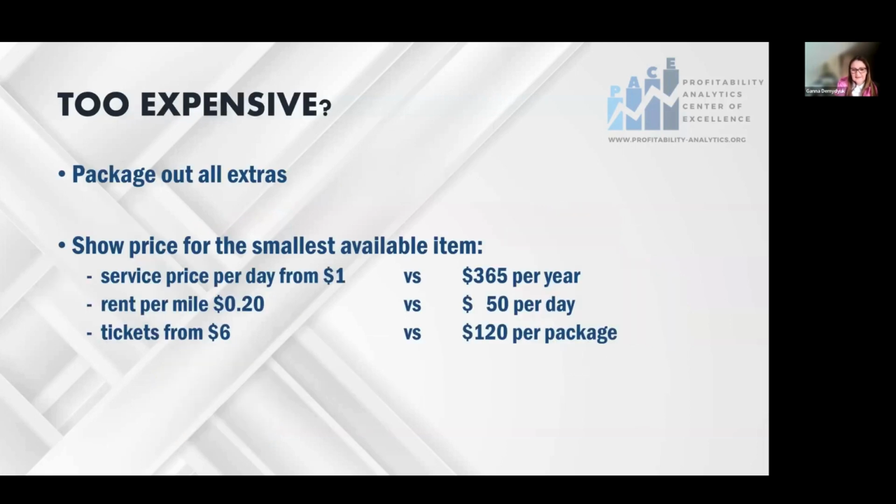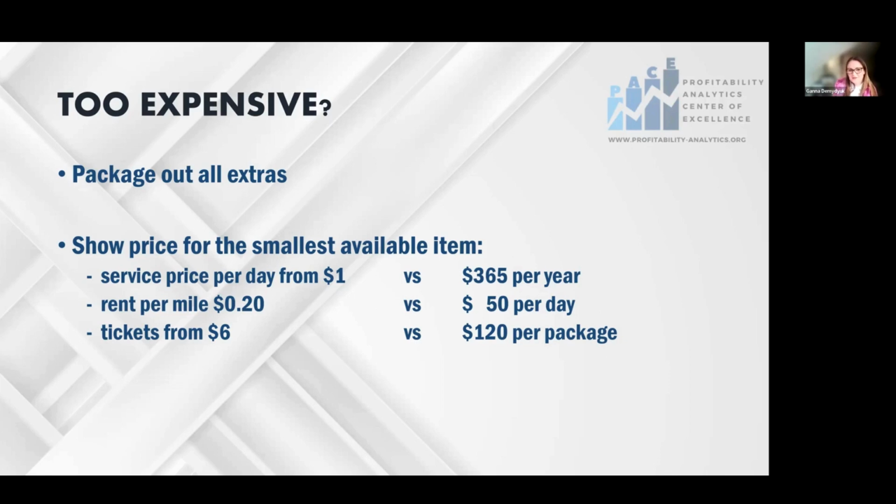That said, when the menu price or offer price becomes too high, we start packaging out all the extras and try to deliver a message that what we are offering is very cheap, by splitting it down to the smallest measurement available. With insurance, instead of saying $365 per year, we say it only costs you $1 a day.